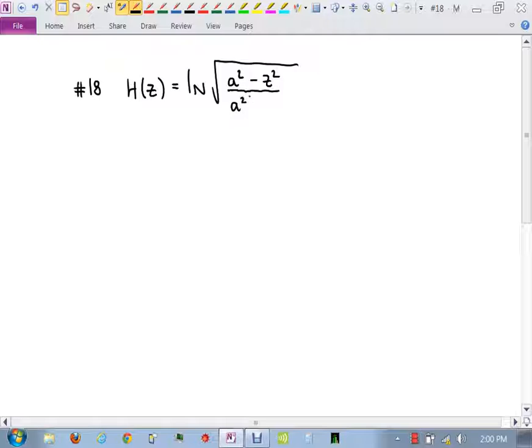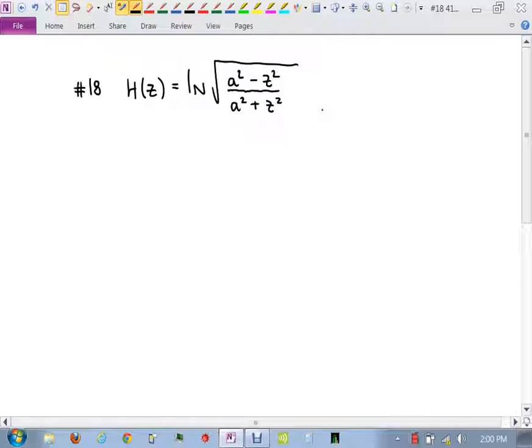Capital H of z equals natural log of the square root of a squared minus z squared over a squared plus z squared. So my variable in this problem is z.